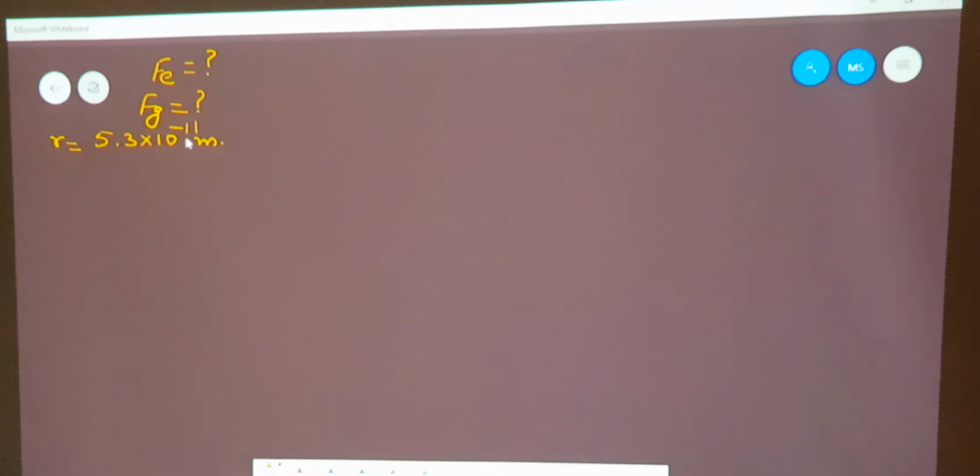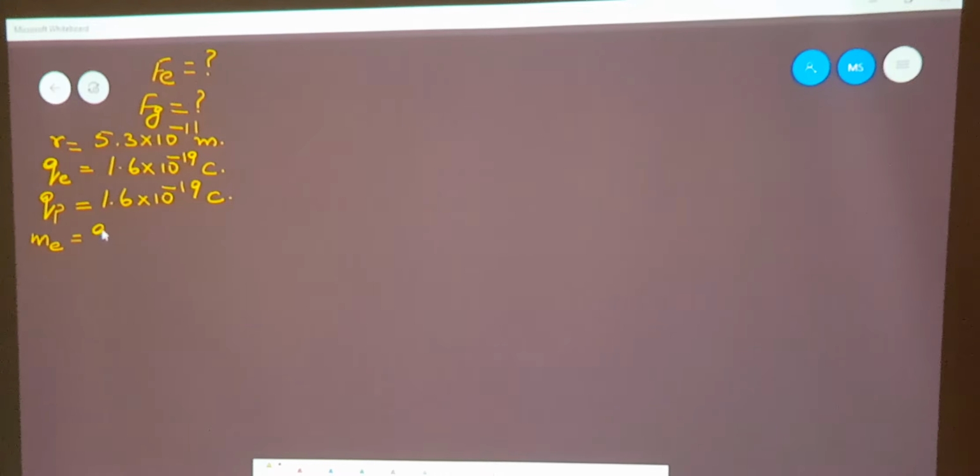The magnitude of the charges: let us consider the charge of the electron. I am writing it as Q of e. Magnitude alone I am writing, so it is 1.6 into 10 to the power of minus 19 coulomb. What is the charge of the proton? Charge of the proton, again its magnitude, is 1.6 into 10 to the power of minus 19 coulomb. Then the mass of the electron, let us write like this, m suffix e.